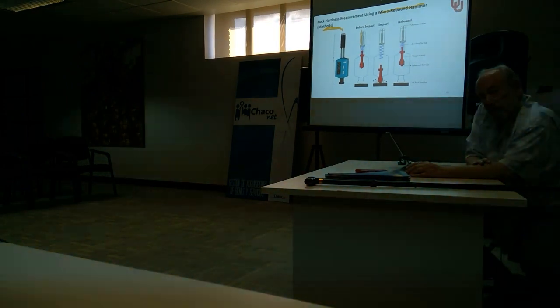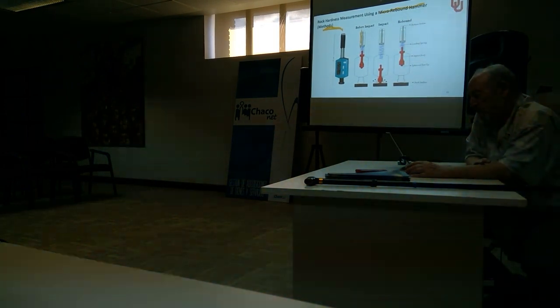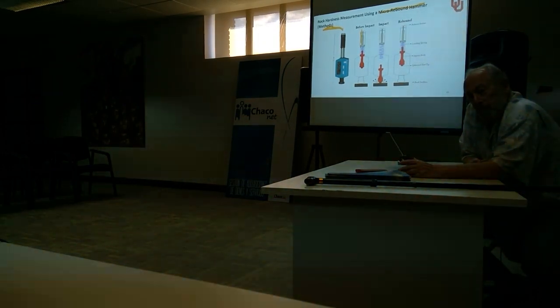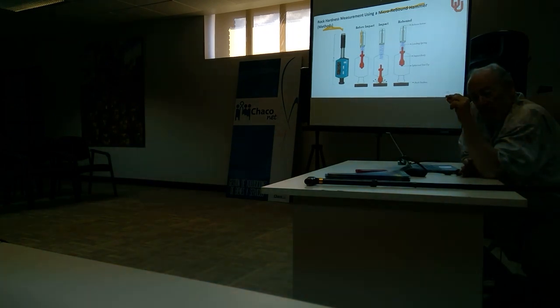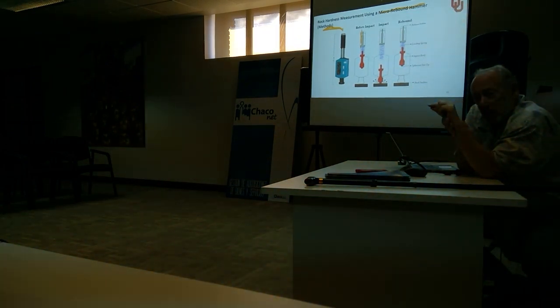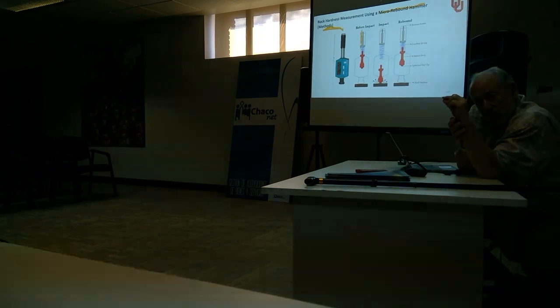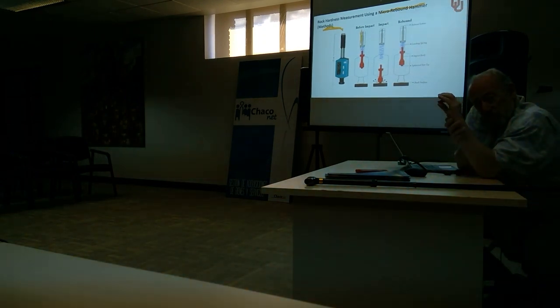This is the instrument we use, and it's a super duper instrument because it's so small that we can actually get down and make measurements of the geomechanical properties of the rock at the same scale as we do the XRF, a very fine scale.